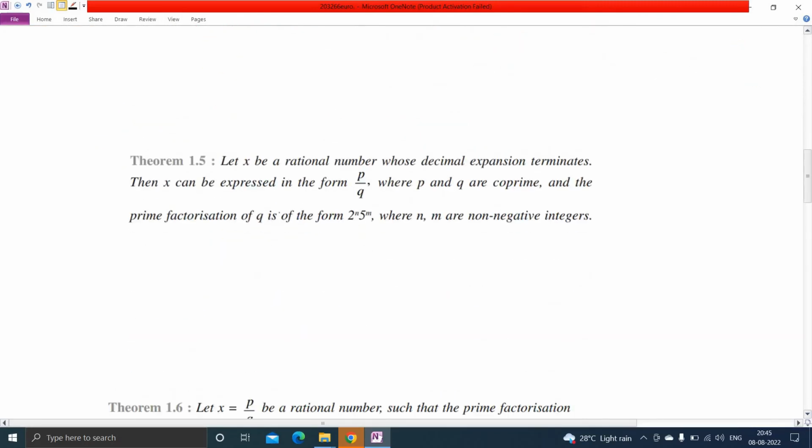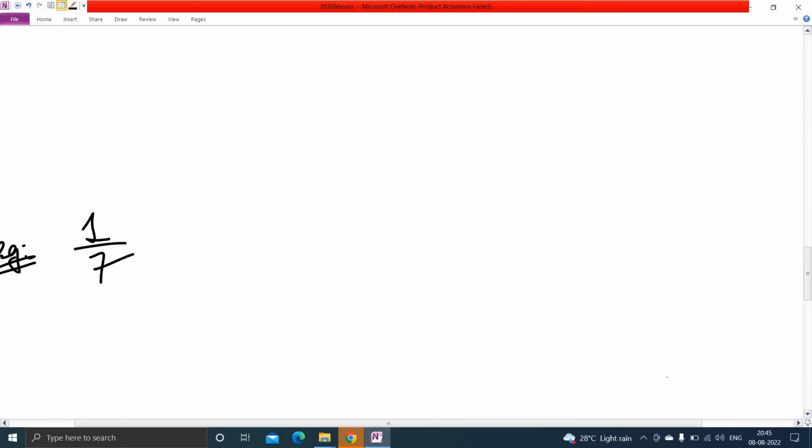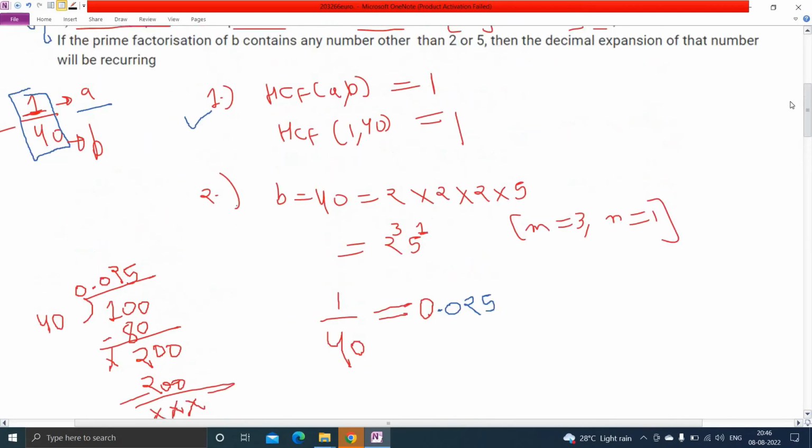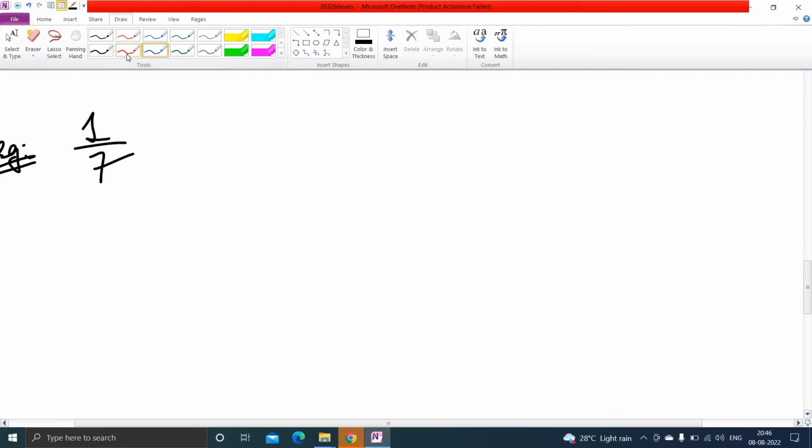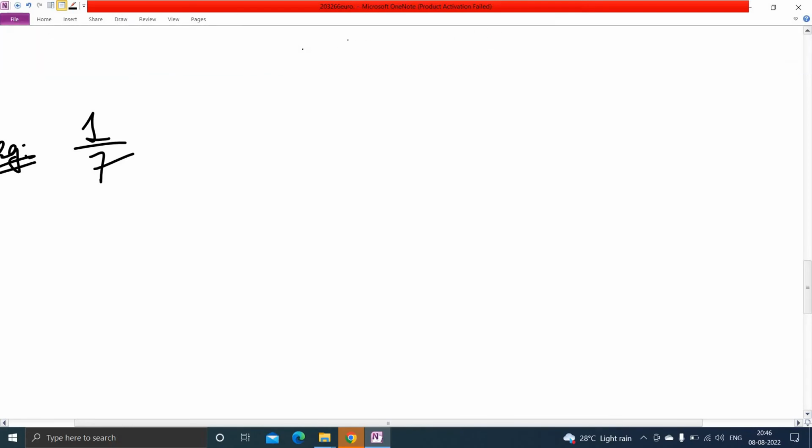So I am taking one more example here, of the form 3 upon 7. 3 upon 7 means I need to divide this 3 by 7.